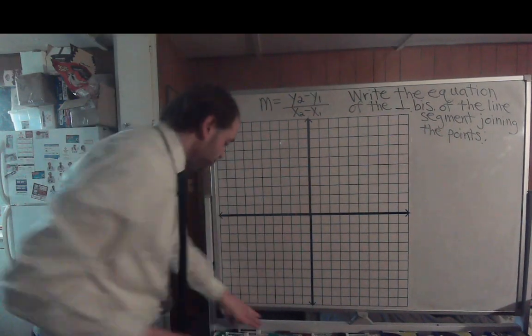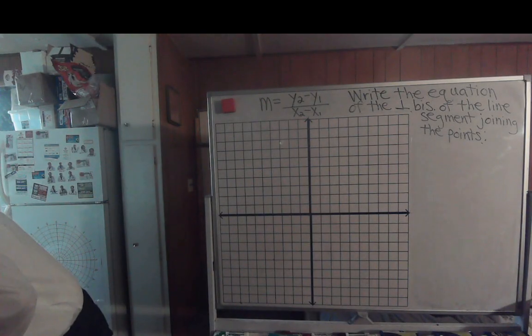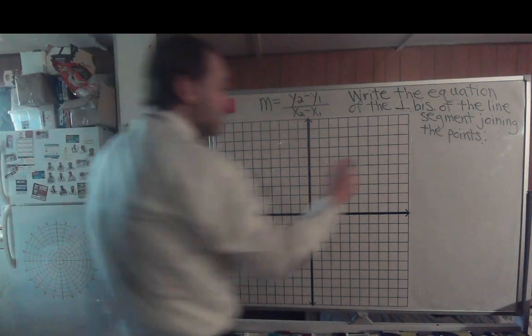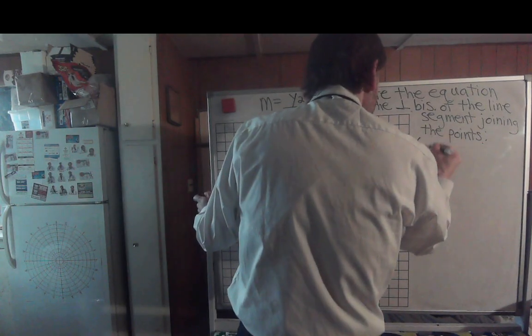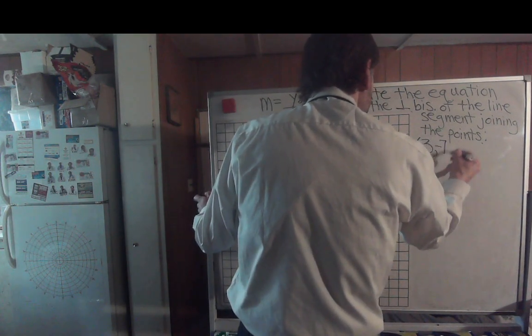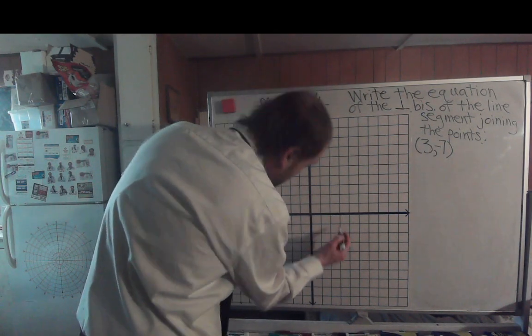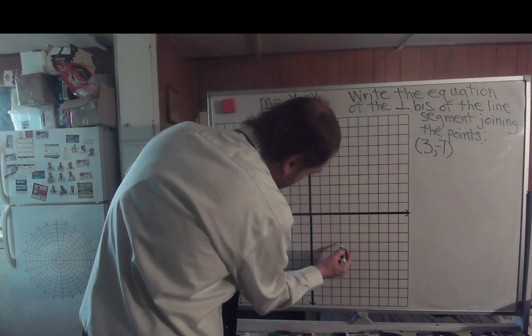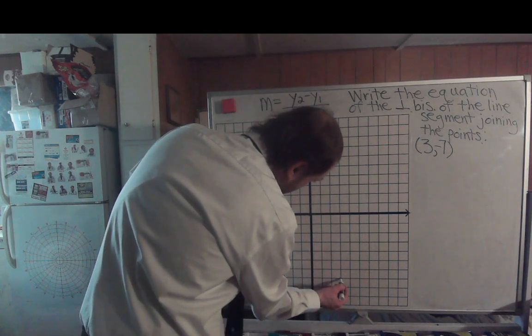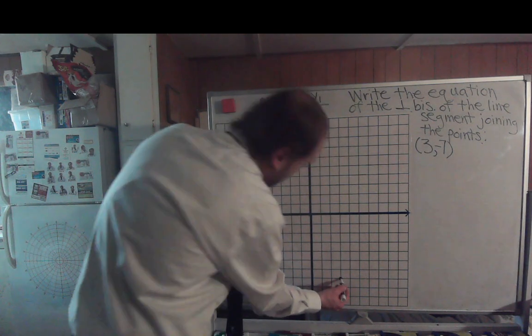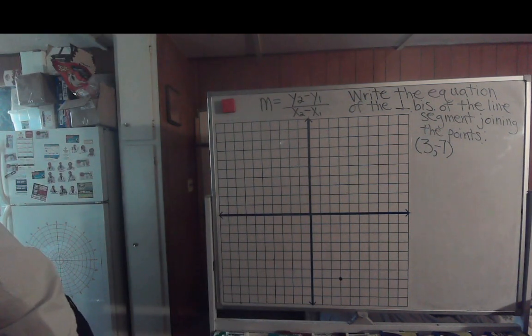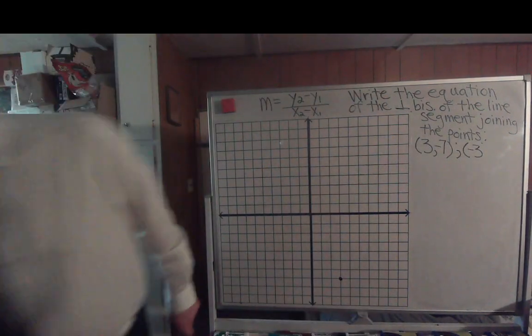Alright, what's the last one look like? Alright, we got the points 3, -7, so let's go ahead and plot that. Alright, there's 3, -7. And then -3, +1.